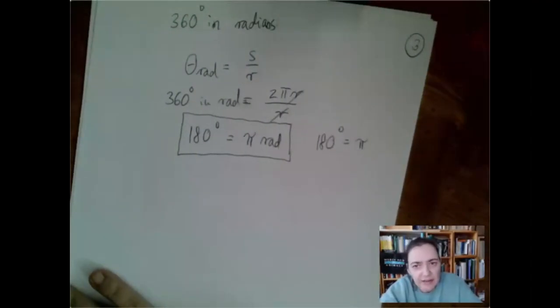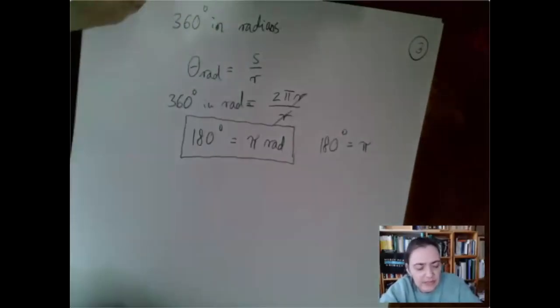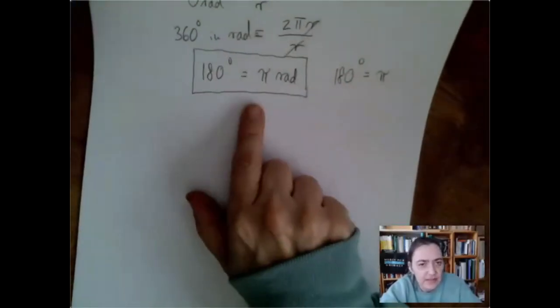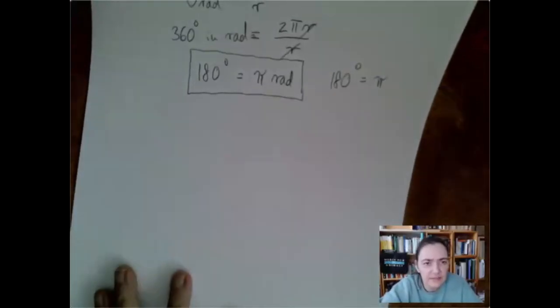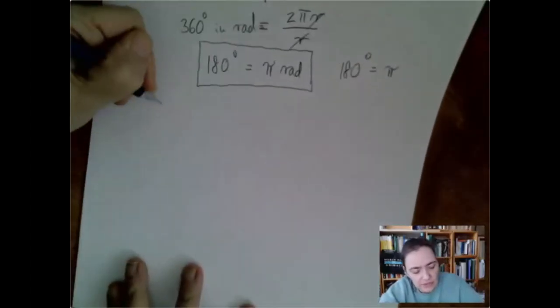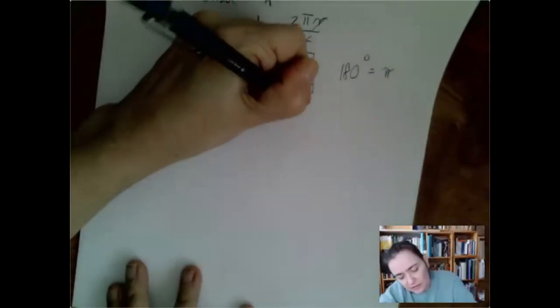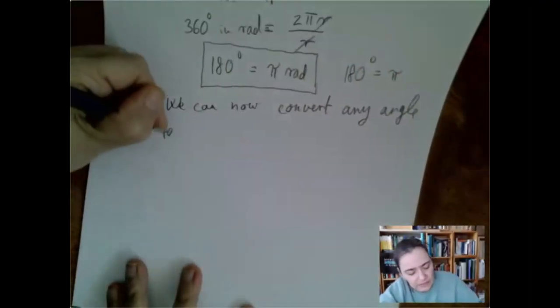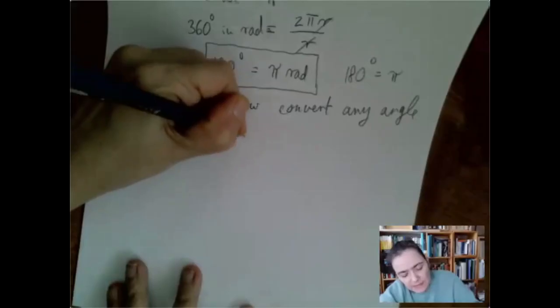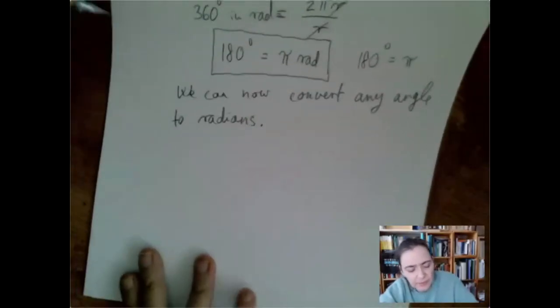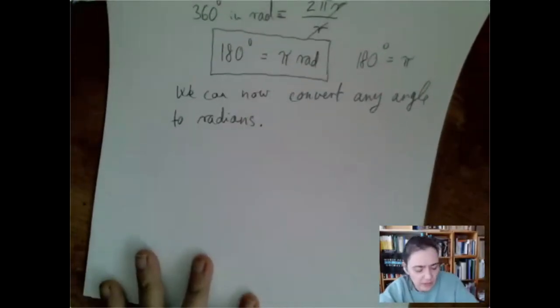And then now we can figure out angles that you cannot measure in a circle if we just insist on this and we scale things based on these ratios. So we can now convert any angle to radians.